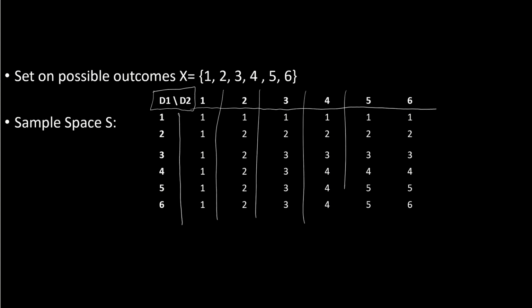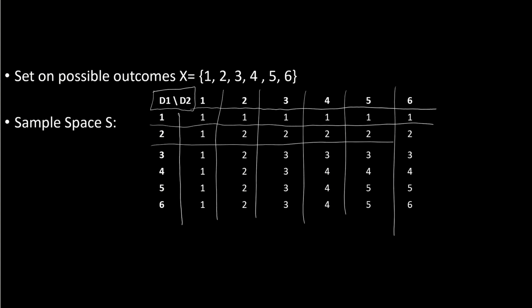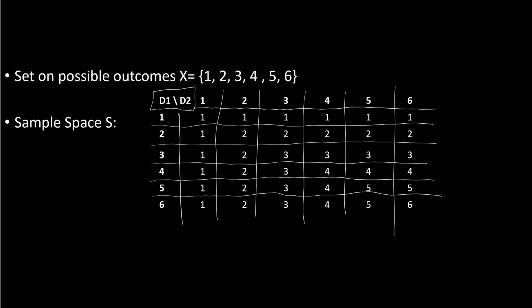So basically you get this table. Because each die has 6 sides, the die can be 1, 2, 3, 4 up to 6. The second die is the same thing.